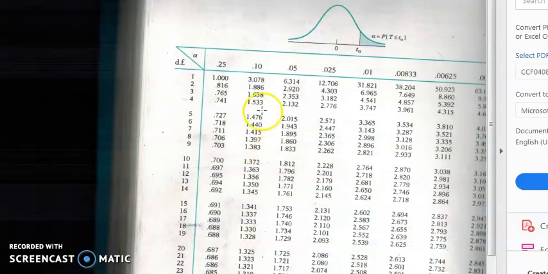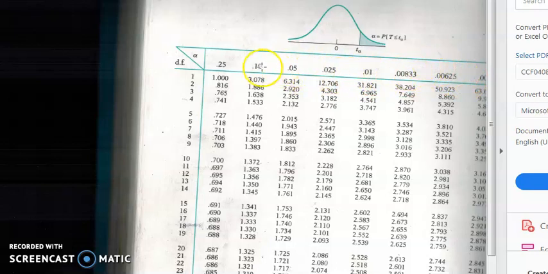But for the t distribution table, it's opposite. The first row is going to be our probability. As you can see, this table is very limited because there are so many probability numbers, but we're only given 0.25, 10%, 5%, 2.5%, 1%, and so on.